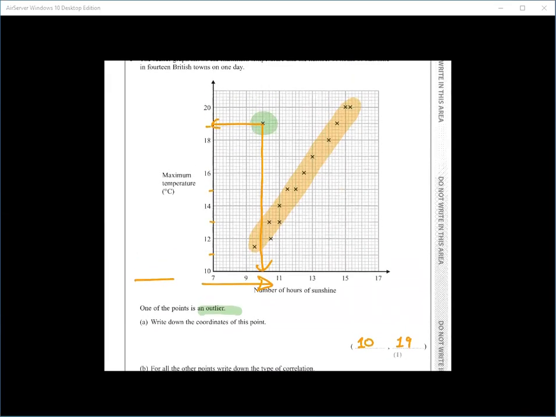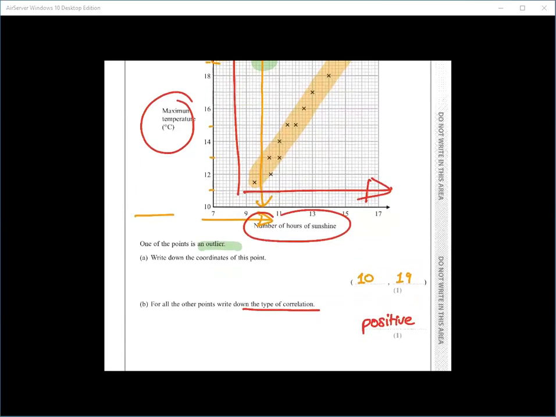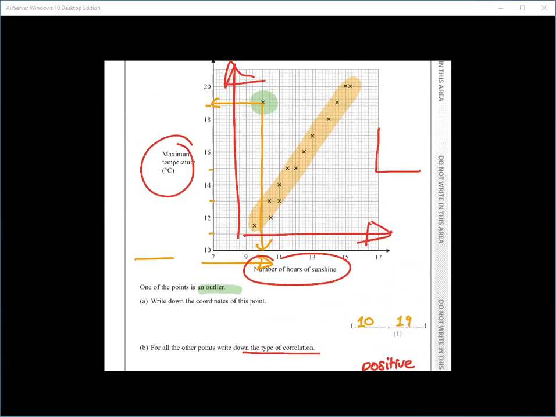Let me explain why it's positive. Basically, as the number of hours of sunshine is increasing, the maximum temperature is also increasing. So as one thing increases, the other one increases. That's called a positive correlation. A negative correlation would be if on our graph we had all the crosses going down the page like this. Because it's going up, it's positive.